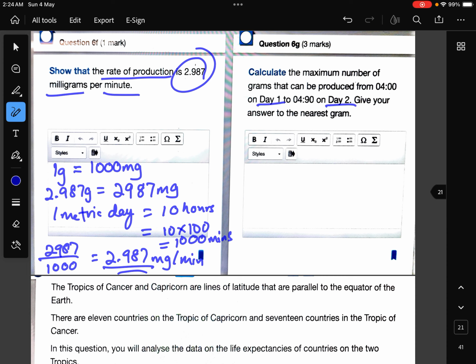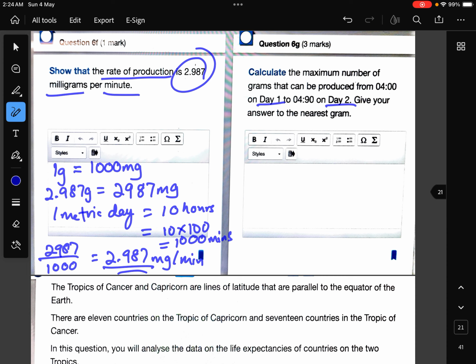So we do need to find out how much time is taken to be produced from that time to that particular time in day 2. So we need to find out how many hours and minutes, if possible, that started from 4 in the morning to 4:90 on day 2.